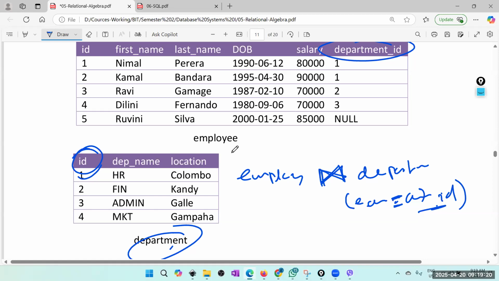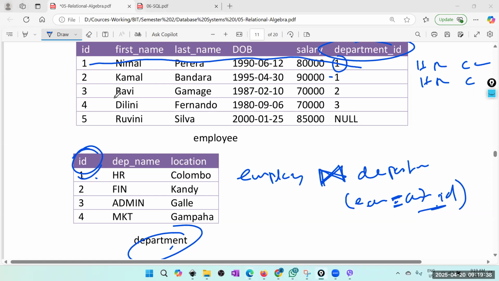So the result is you get these records. One, Nimal Pereira, works in department 1, HR Colombo. Two, Kamal Bandara, again works in HR, so HR Colombo. Ravi Gamage, department 2, is finance Kandy.